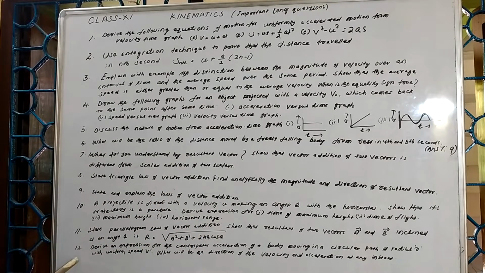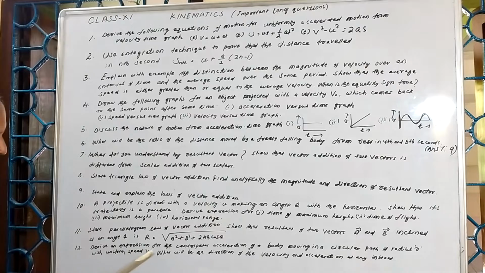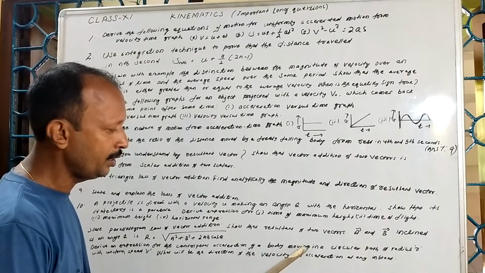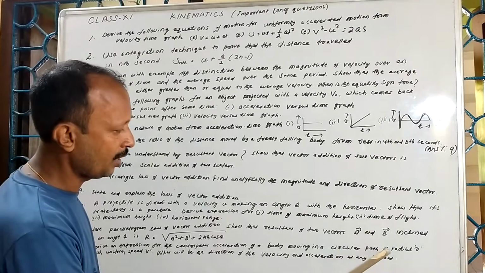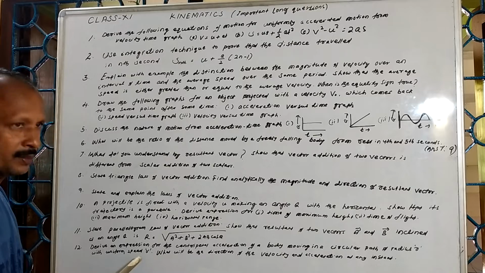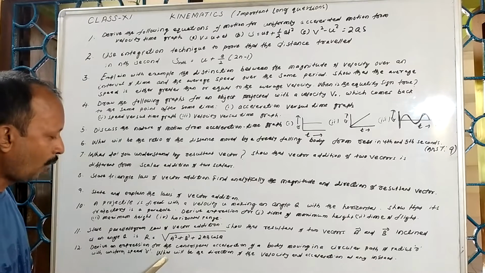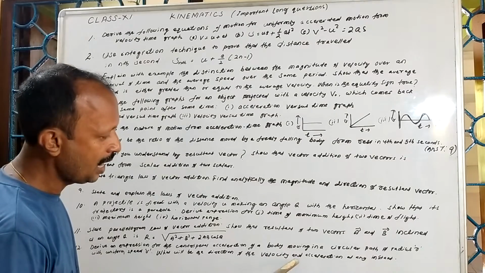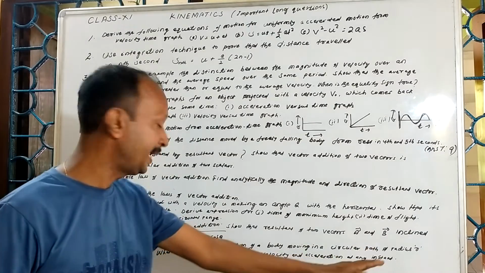Last question, 12th question. Derive an expression for the centripetal acceleration of a body moving in a circular path of radius r with uniform speed v. What will be the direction of the velocity and acceleration at any instant?